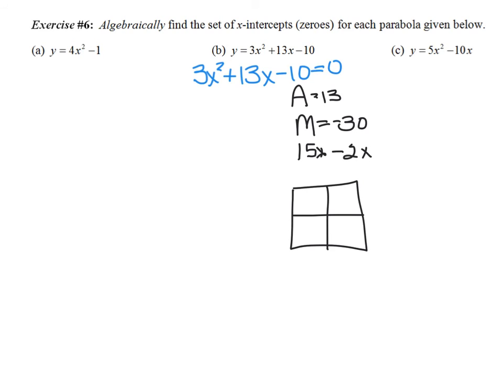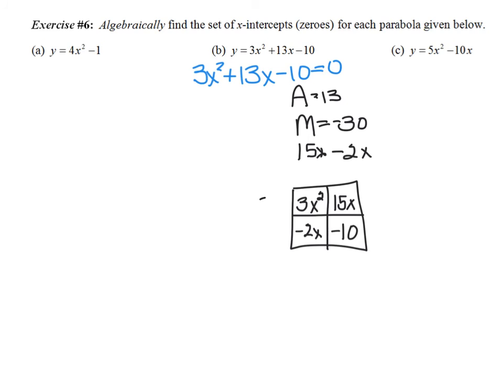The box is, of course, just one way of getting these factors. You could use grouping, or some of you, I'm sure at this point, can just look and by inspection figure out what these factors are. Whatever method you like is absolutely fine as long as you're getting them correct. I'm making my box with a 3x squared and a -10 in the corners, and in the opposite corners I have 15x and -2x.